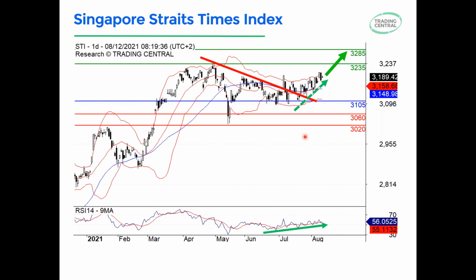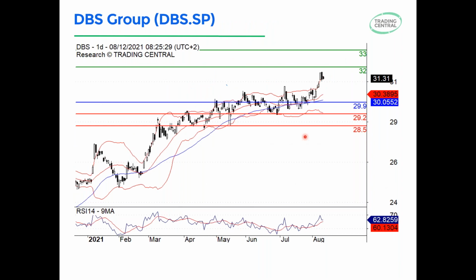Well, you know what? About 30%, 1/3 of the STI market cap has been dominated by three Singapore banks, which I'm going to discuss. The biggest one, DBS.